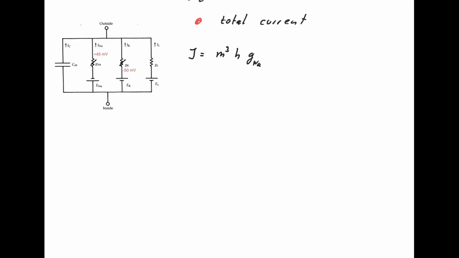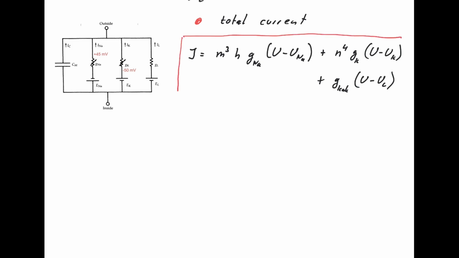So the total current is equal to m to the power 3 times h times the conductivity of the sodium ions times U minus U sodium, plus n to the power 4 times the conductivity of the potassium ions times U minus U potassium, plus some leak conductance times U minus the leak potential.